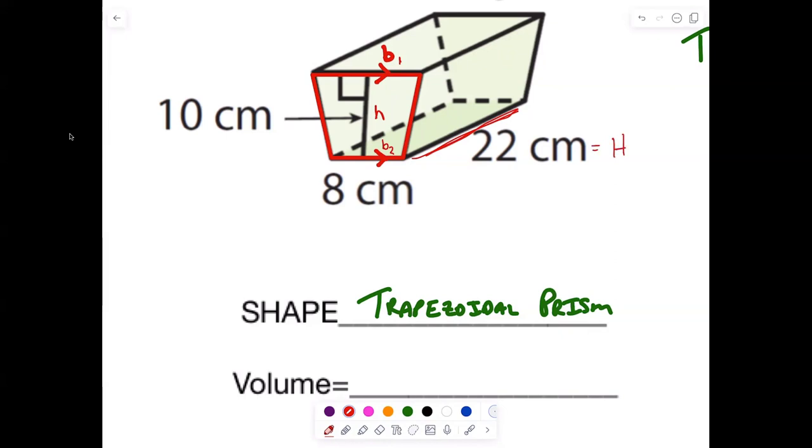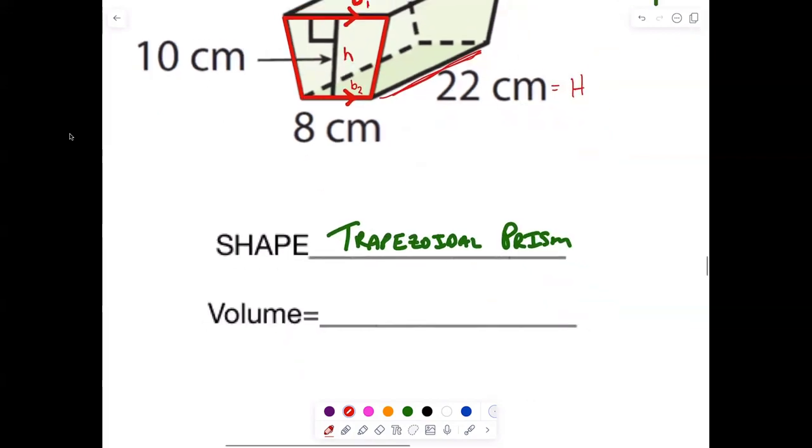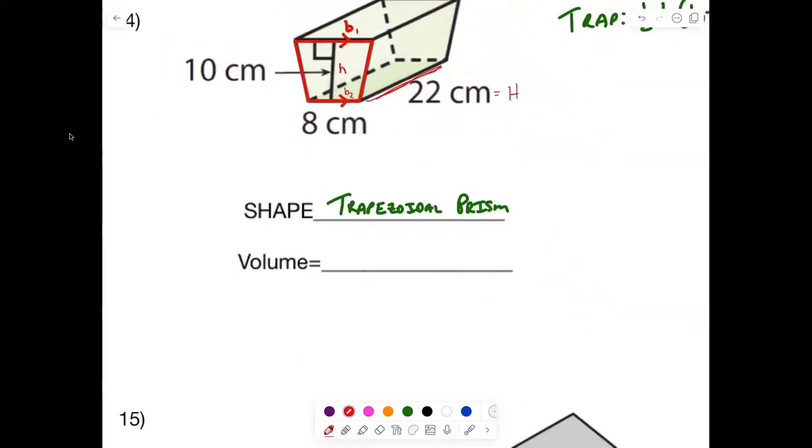Now, notice some people are confused why that's a height. Is it sitting on its base? No, it's not sitting on the base. The base is not a rectangle. The base is a what shape? Trapezoid.